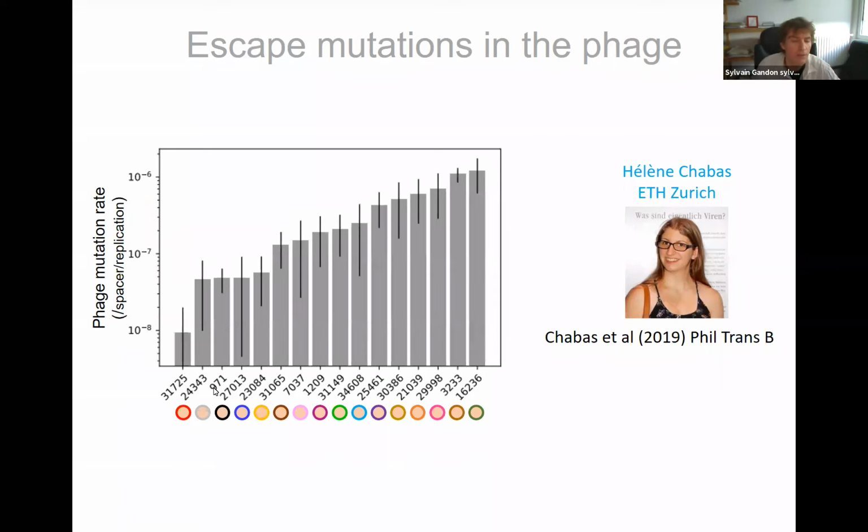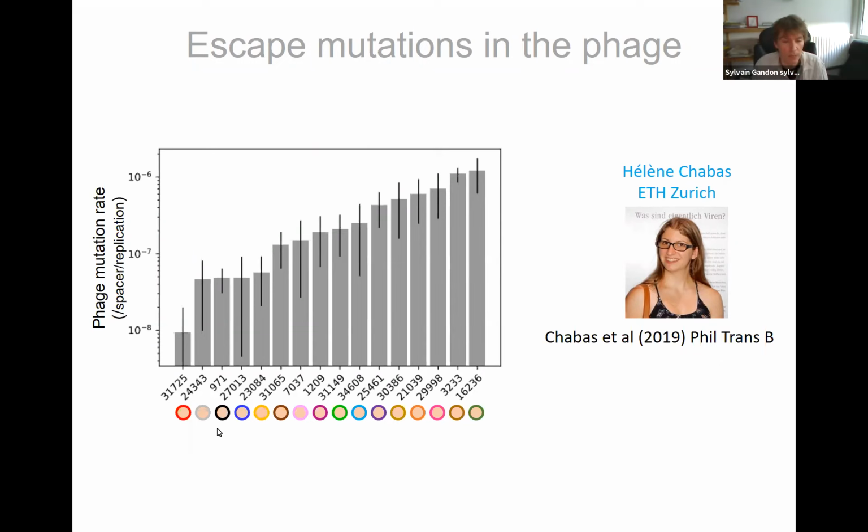A naive expectation from this would be that the phage are going to be able to accumulate escape mutation very fast against those bacteria, and it will take a bit longer to escape those bacteria. I will come back to these predictions a bit later.